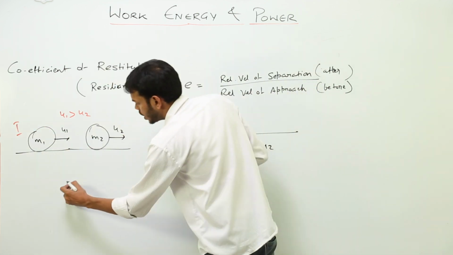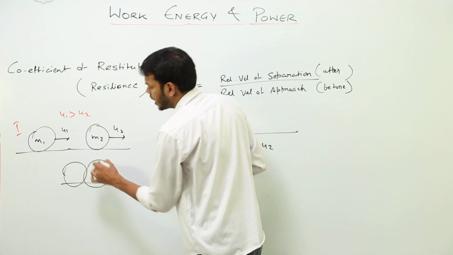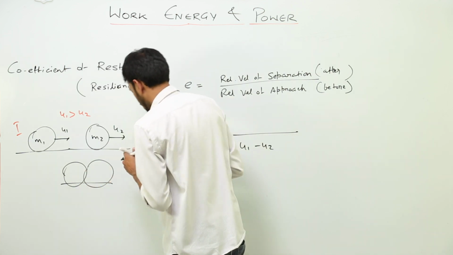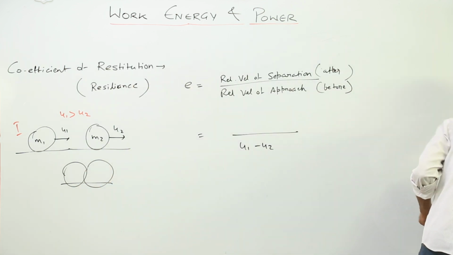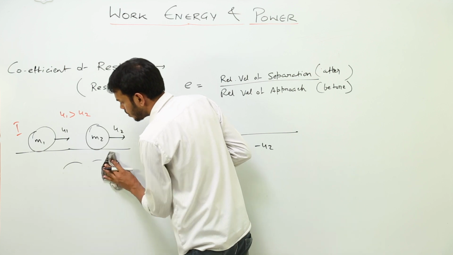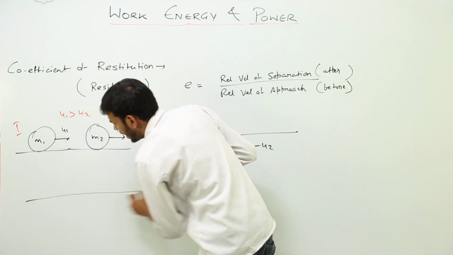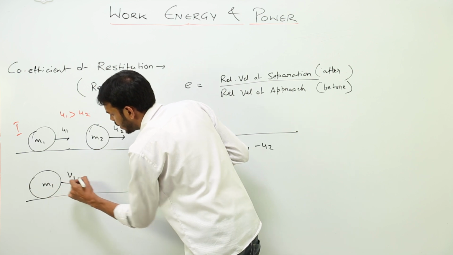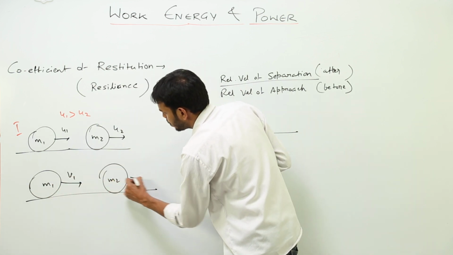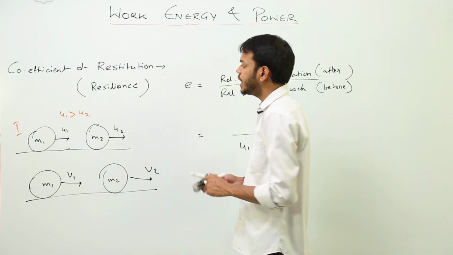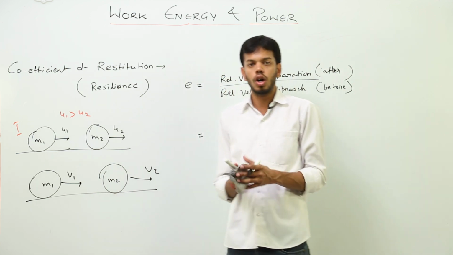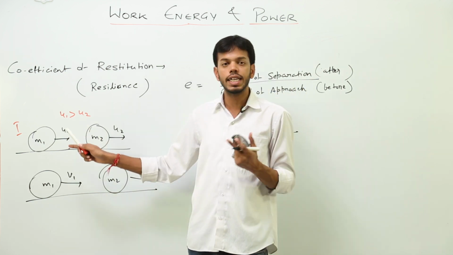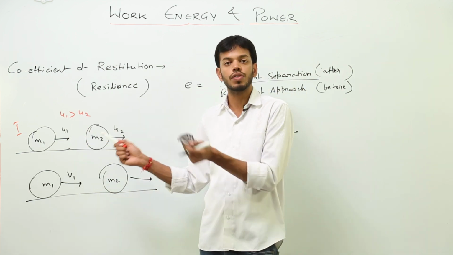At the time of collision, they are imparting their energy and momentum into each other. And after the collision, now the third case, they are moving like this. Body m1 is moving with velocity v1 and body m2 is moving with velocity v2. If we suppose that this collision is perfectly elastic, the whole energy and momentum of body 1 is going to get transferred into body 2.